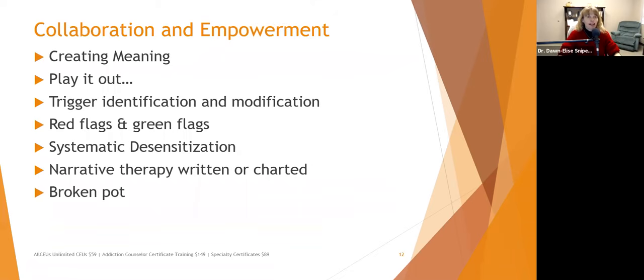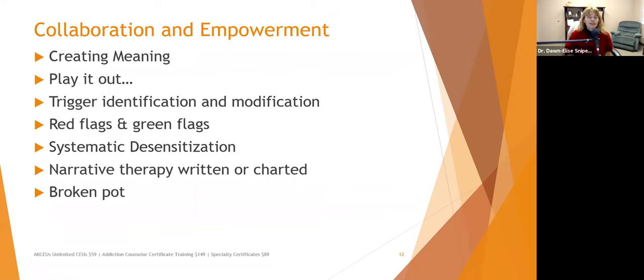And then what? And then what? And then what? So we have them play it all out, and then we talk about the likelihood of that event happening. And generally it comes out that it's pretty unlikely that it's going to happen, but in the unlikely event that it should happen, do they want to create some sort of plan of approach?